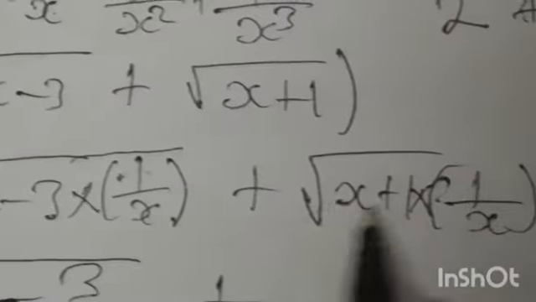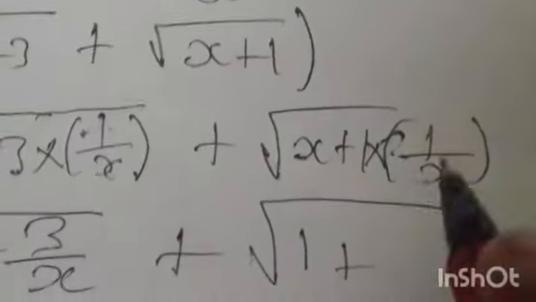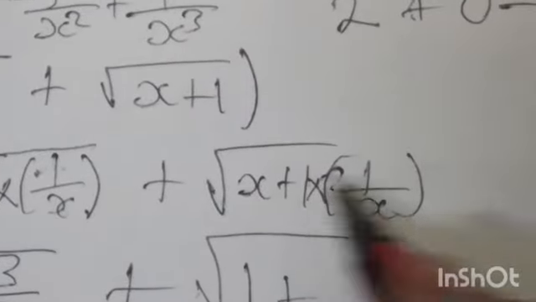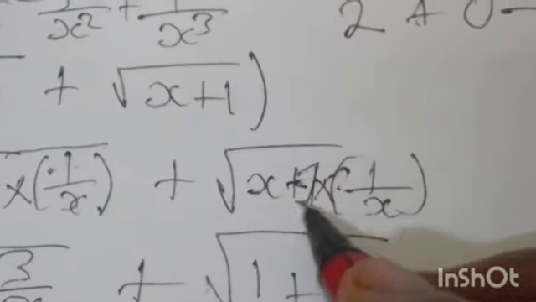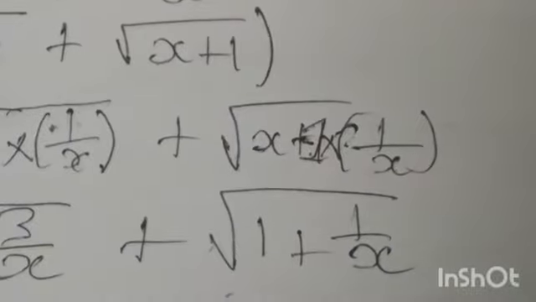Then the other one is the same thing, root of 1 plus, what was the value here? Oh, here it was 1. So 1 times 1 over x will be 1 over x.